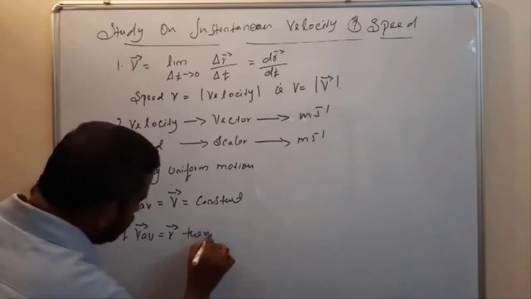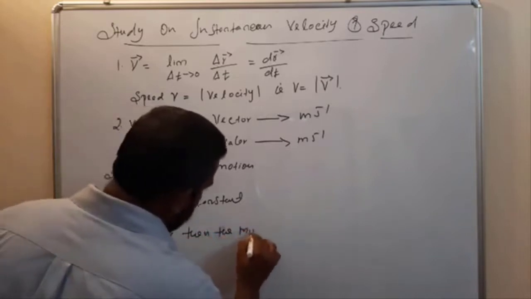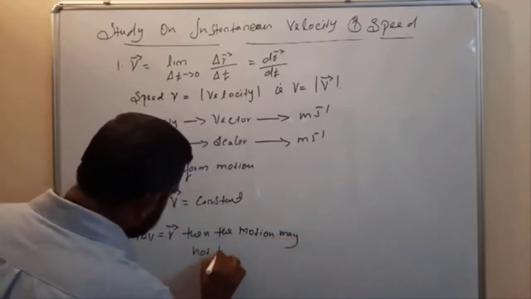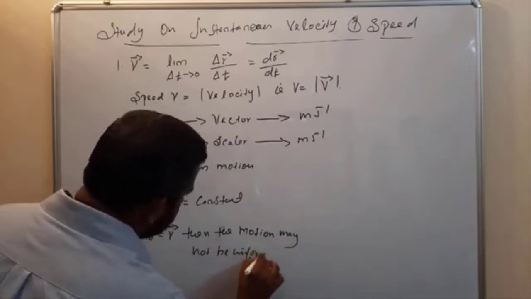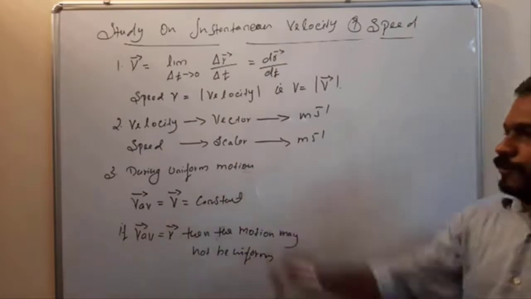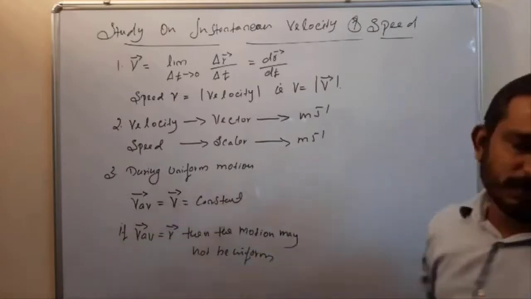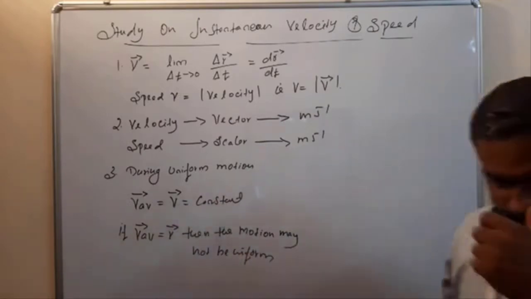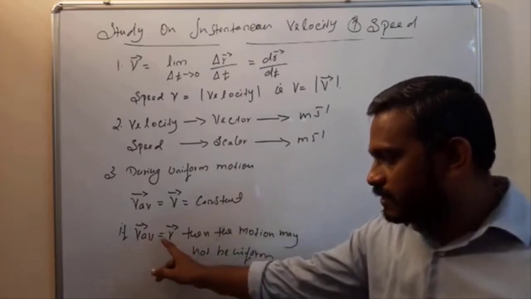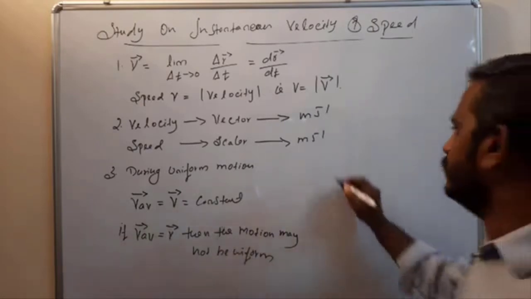During uniform motion, average velocity is equal to instantaneous velocity is equal to constant, but the converse may not be true. That is, if average velocity is equal to instantaneous velocity, the motion may not be uniform. How can we say that?